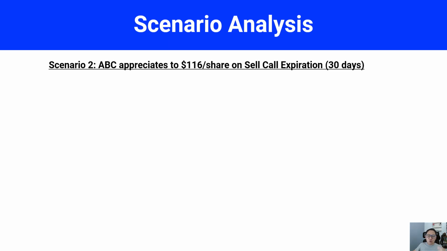Now, in scenario 2, the underlying price appreciates to $116, which is now above your sell call strike of $115. If no action is taken, your existing shares will be sold at $115, which is your sell call strike, and not at the higher $116, which is the current market price.